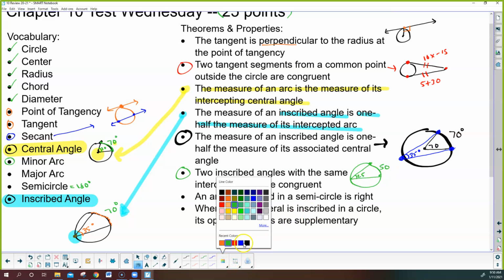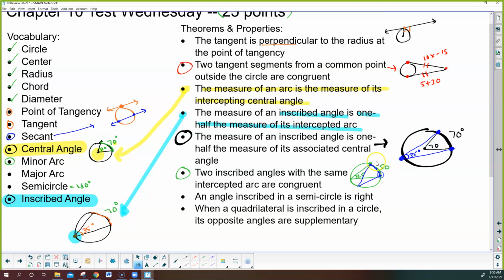Nothing crazy there. But if I drew another angle in here, and the endpoints are the same, which means they share this same 50 degree arc, that means that this angle here has no other choice but to be 25 degrees, because two inscribed angles with the same intercepted arc are congruent.